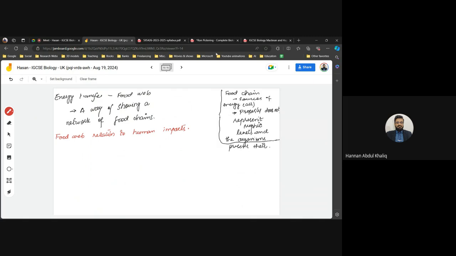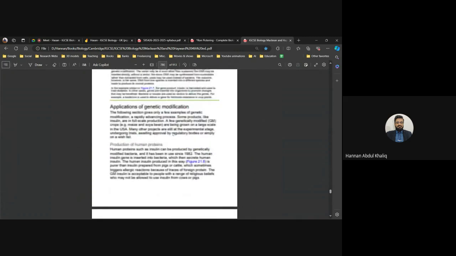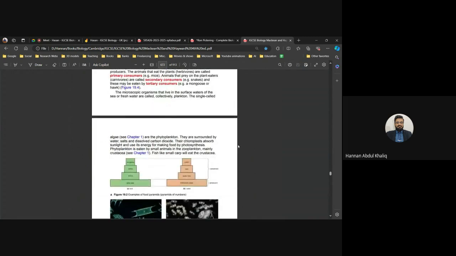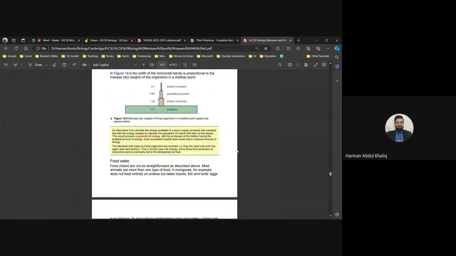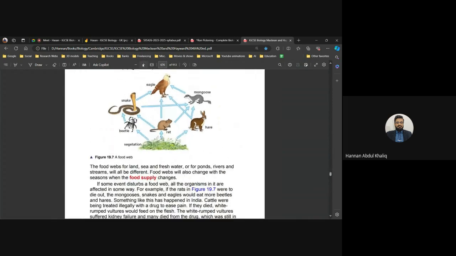You can see clearly over here that a single organism is having many kinds of food, many types of food. So if you disturb a food web, you disturb the source.